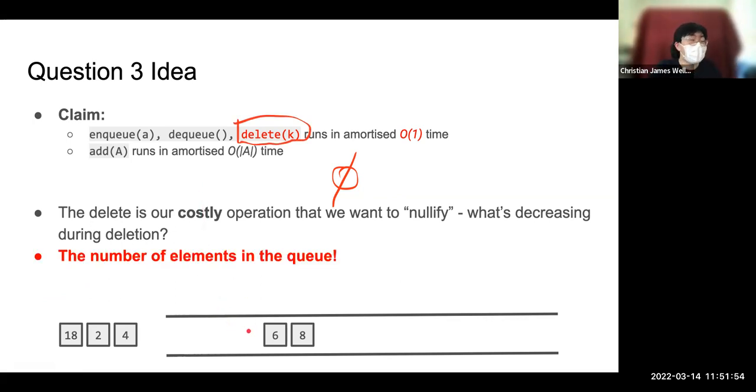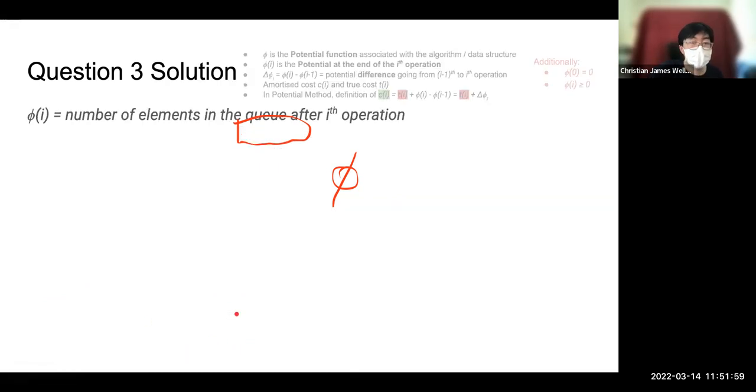If you take these k elements out of the queue, the number of elements decreases. So I define phi of i as the number of elements in the queue after the i-th operation, because I observe that it decreases after the expensive operation, in fact after all the delete operations.